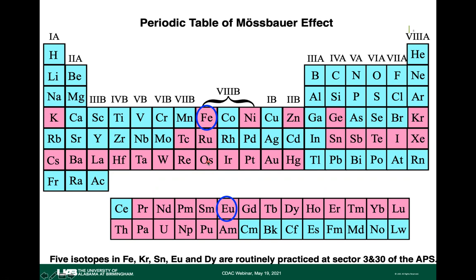In this talk, I will focus a little on iron, because iron is more commonly used, and then more on europium, and also a little on dysprosium, because these two are not very commonly used in magnetic studies. And then at APS, there are 5 isotopes: iron, europium-151, krypton, tin, and dysprosium are routinely practiced at sectors 3, 16, and 30.